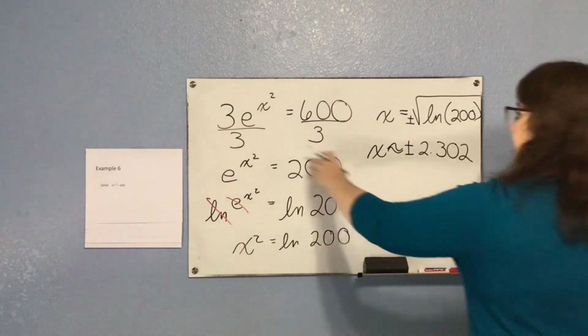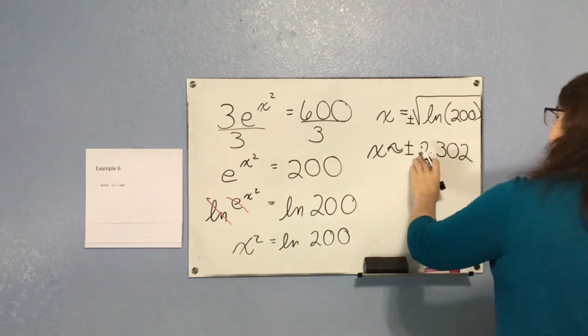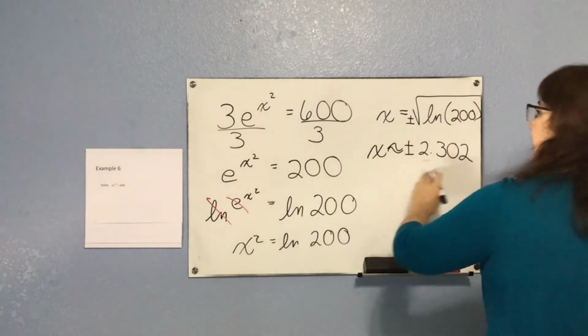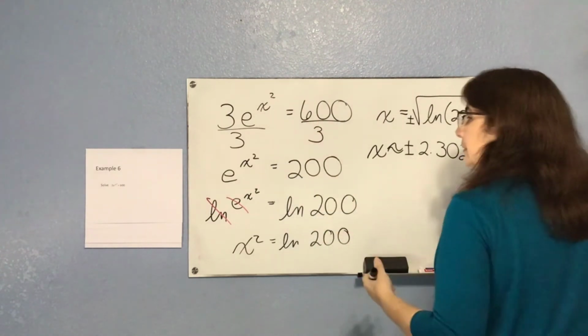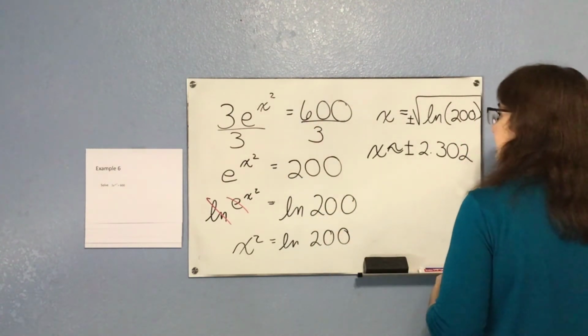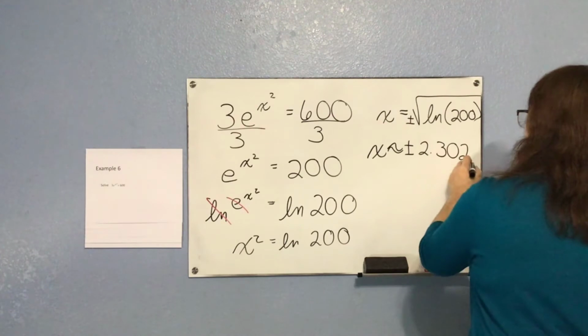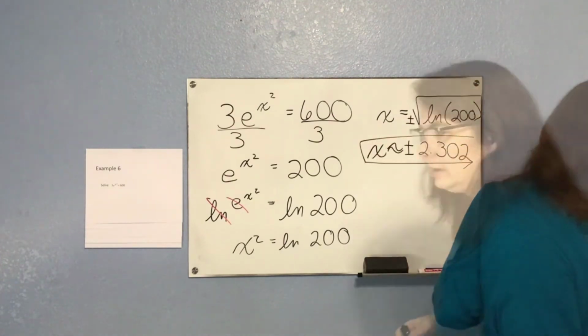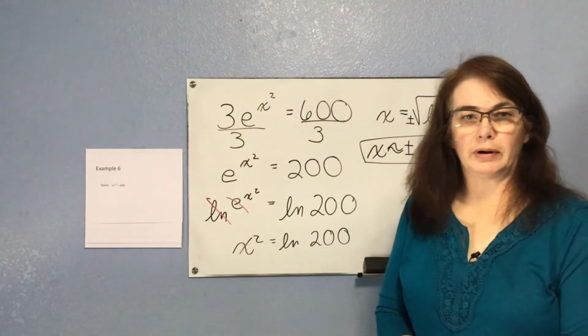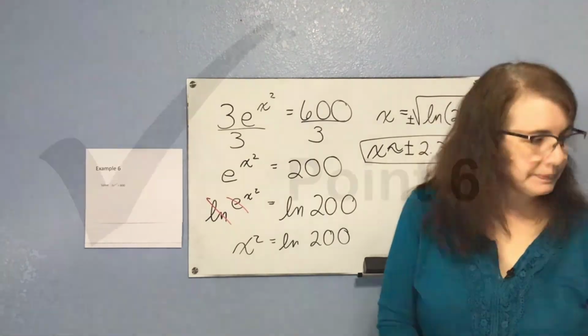And you can see in the original equation, it doesn't matter whether we use positive or negative because we're going to square that number and it's going to end up positive. So this is our solution. Go ahead and pause your video and work on checkpoint 6.